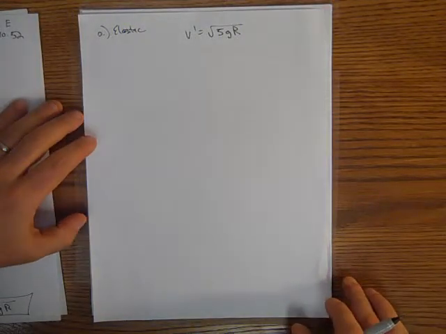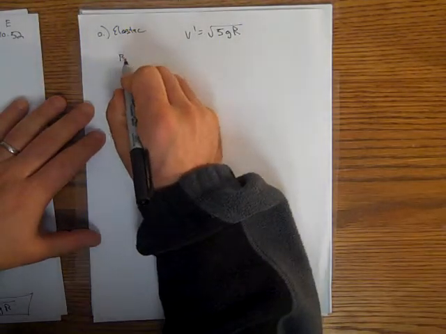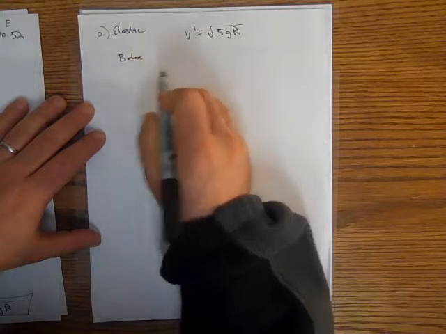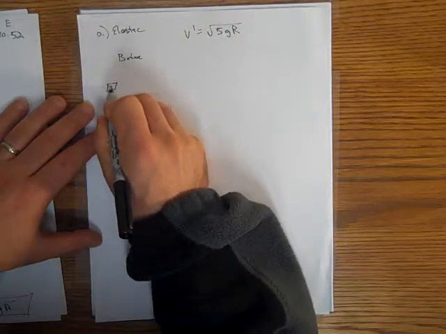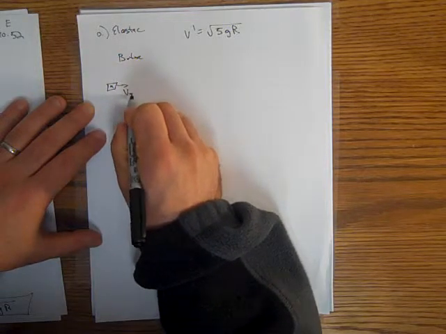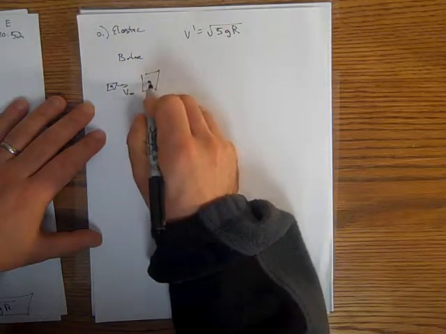And so if we try to visualize what's going on here, before, we have the small mass with some speed Vm, and the big mass is at rest.